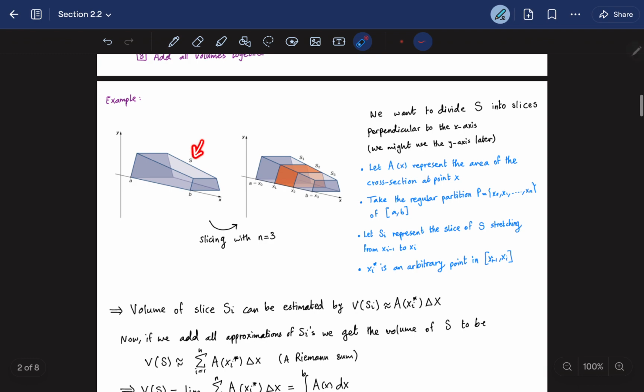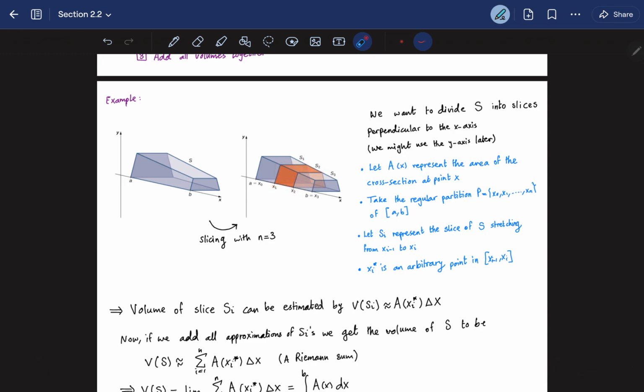We're going to take this solid S and divide or slice it along the x-axis to create smaller solids. A of x represents the area of the cross-section at each point x.